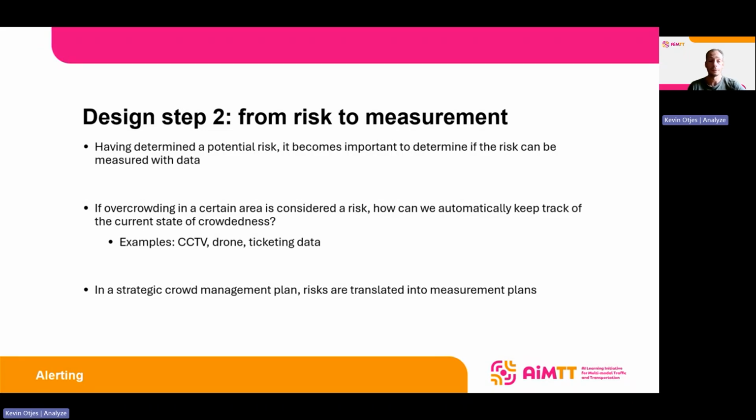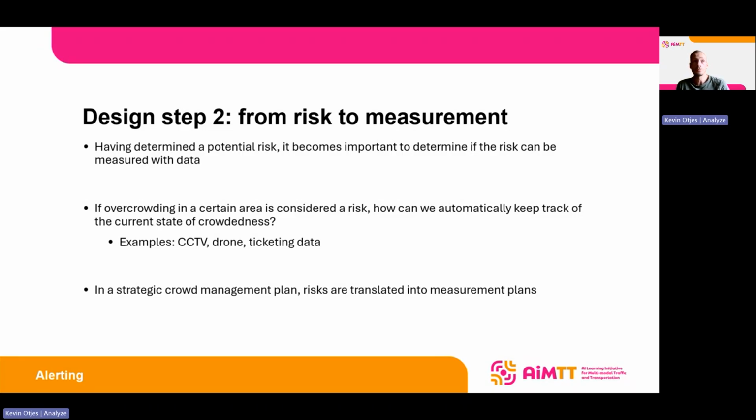And if you're making a strategic crowd management plan, this would be the part where you actually have a measurement plan, a strategic crowd measurement plan. How are we going to measure the risks? How are we going to make sure that we can actually monitor the situation as it proceeds? And that can be a mix of automated data sources that are already present, or things that you could place with new sensors. And it could also be some human intel that could be logged into an app or other thing to make it data.